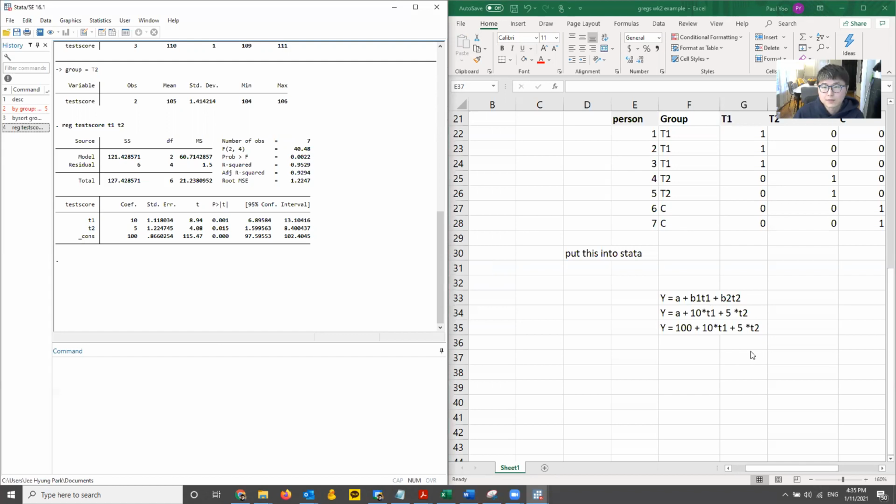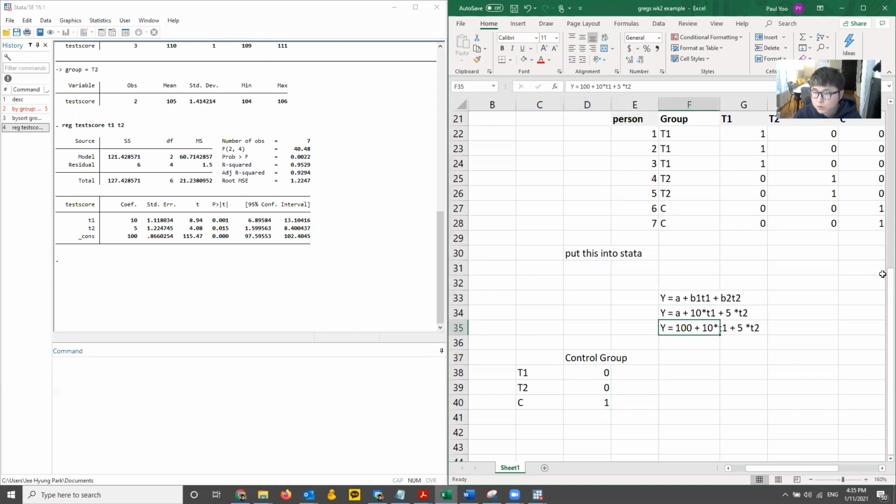And because in this equation, if you're in the control group, for T1 you get a 0, for T2 you get a 0, and for C you get a 1.